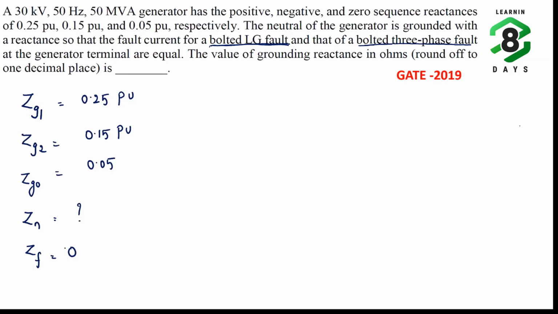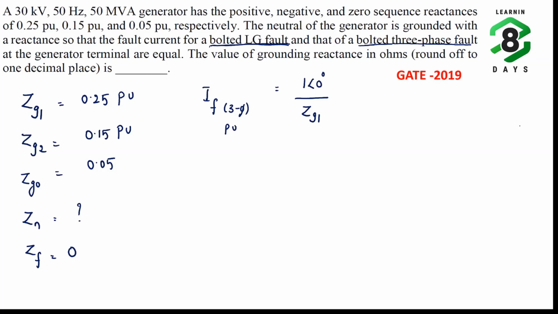Now, what is the formula for fault current for a three-phase short circuit fault? If you recollect, it is 1 at an angle 0 divided by ZG1 only, the positive sequence impedance.